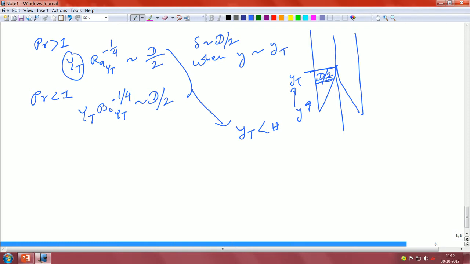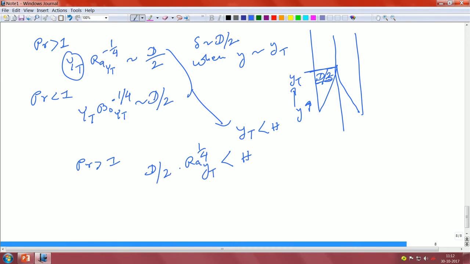In the first case, for Prandtl number greater than 1, it will be d by 2 into Rayleigh number with respect to yt to the power of 1/4, which should be less than h. Similarly, you can do the same thing for Prandtl number less than 1.